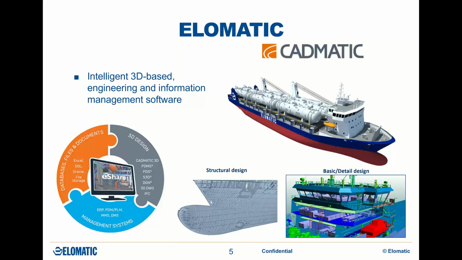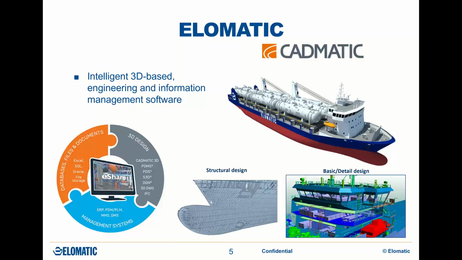In this presentation, we focused on the shipbuilding sector. With CADMATIC, designers can generate a ship's structural 3D model and add outfitting items like engines, pumps, pipes, lifeboats, and staircases to form the 3D general arrangement.